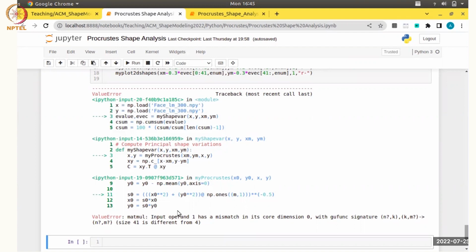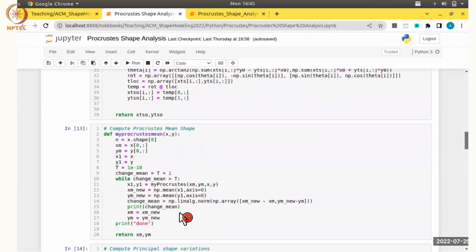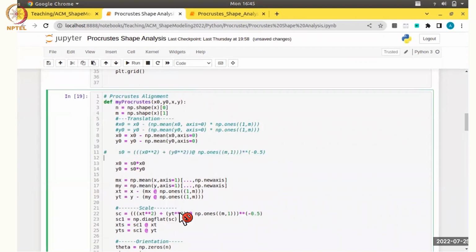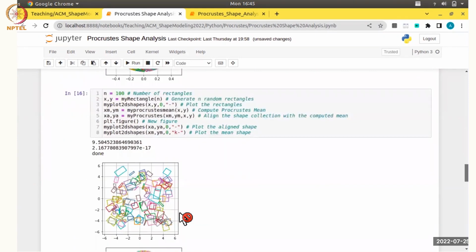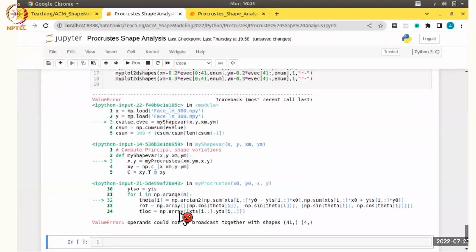Because I want to multiply the scale to every coordinate. Yeah, remove the number ones. Again, the same issue, P1, 4.